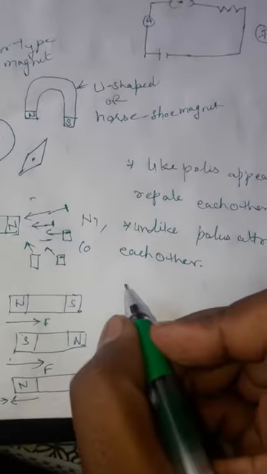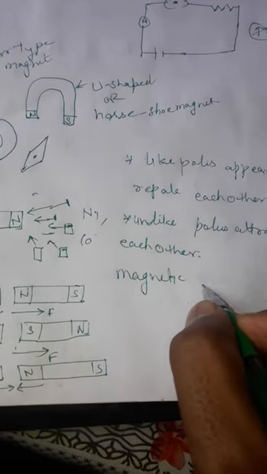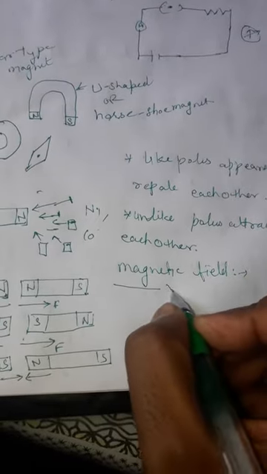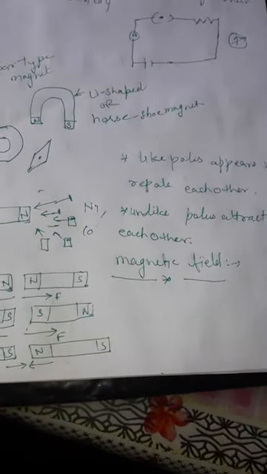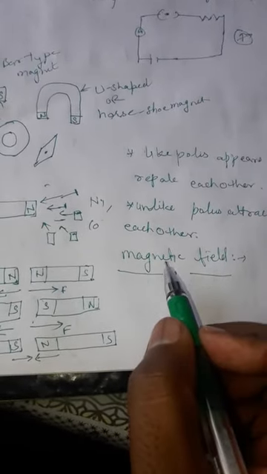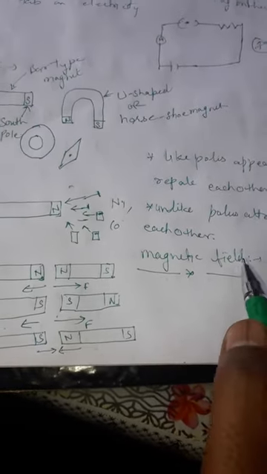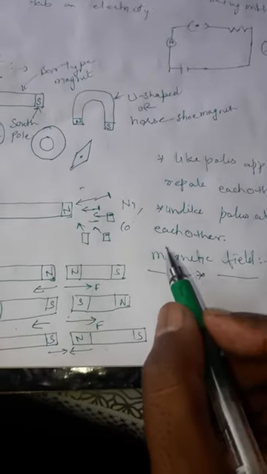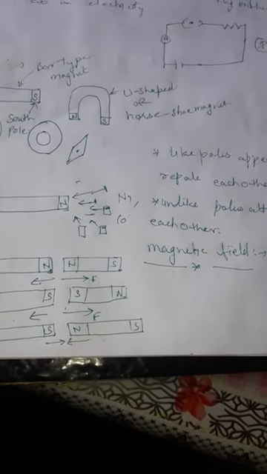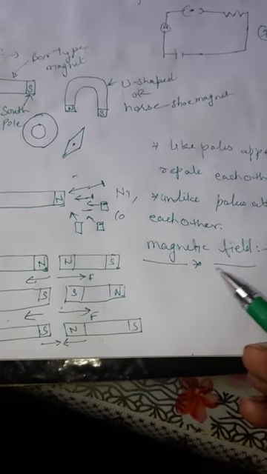The next topic is the magnetic field. What is a magnetic field? Field means the space which is magnetic. A field is the region or space around a magnet in which its force of attraction or repulsion can be experienced by any other magnetic material.